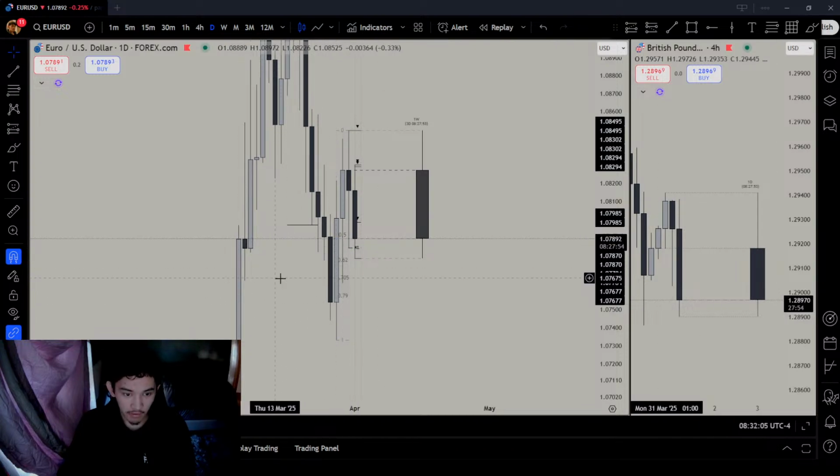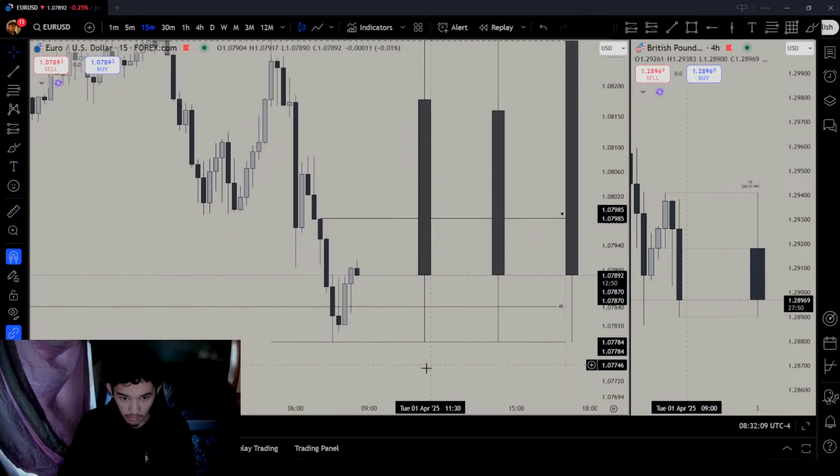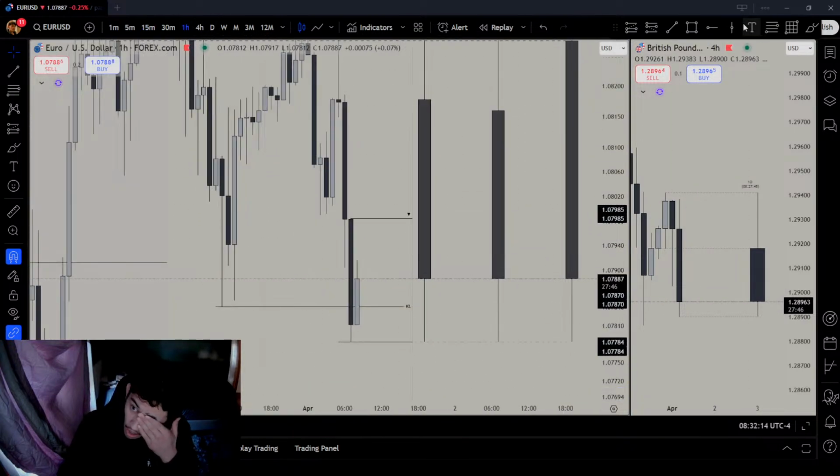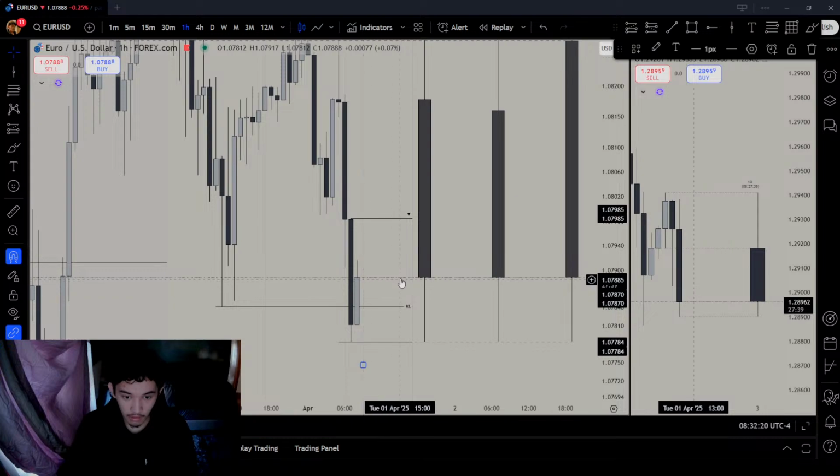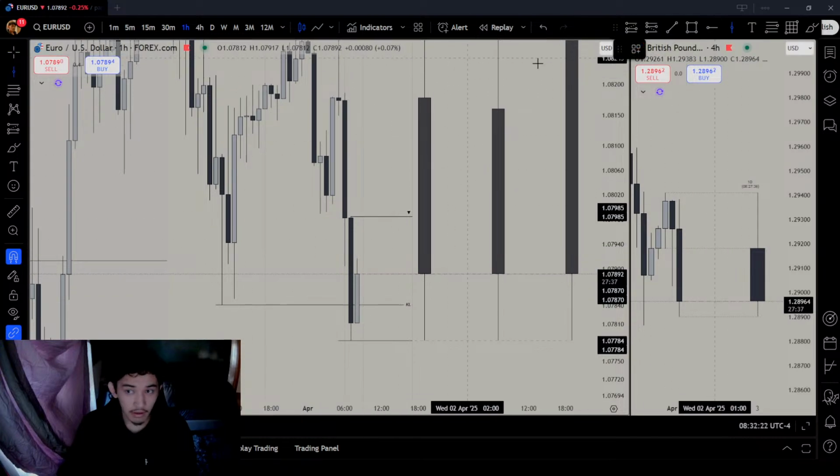This order block that filled liquidity of this fair value gap. Let me mark the 6 a.m. candle. 10:30 a.m. candle.